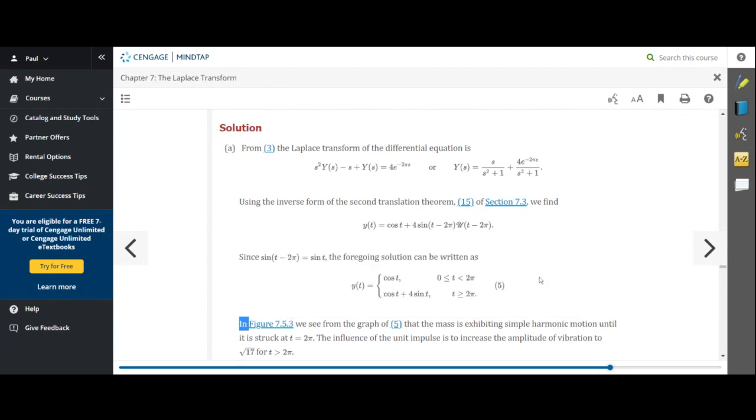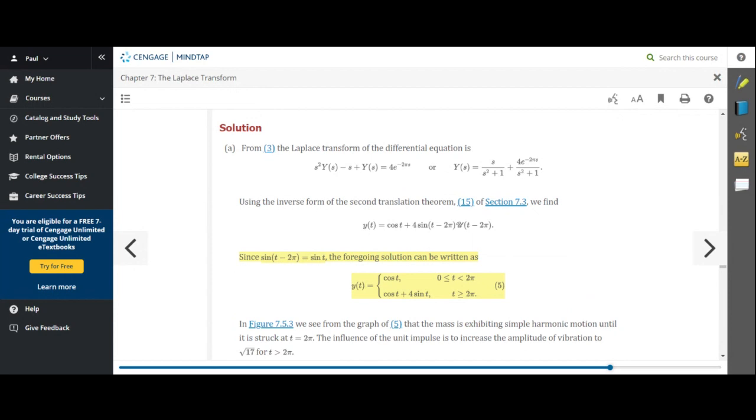But are there any, let me just see here. I want to see if there's anything that I can add. They say sine of t minus 2 pi equals sine of t. That makes sense. The sine function is periodic with a period of 2 pi, so sure. Are there any questions on what you see right there in front of you?